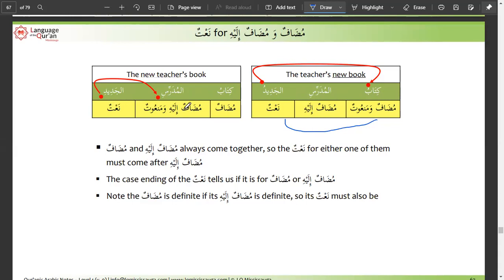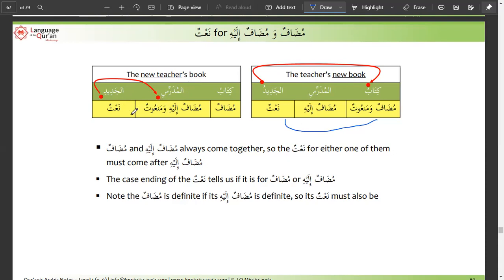Kitabul Mudarrisil Jadidi. So what is here? The new teacher, al-Mudarrisil Jadidi. Al-Mudarris here is man'ut and al-Jadidi is its naat, we can say its adjective.